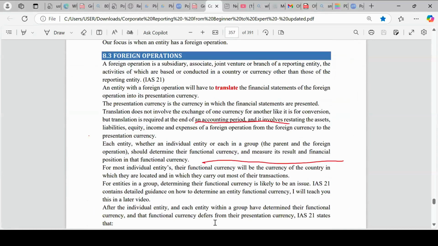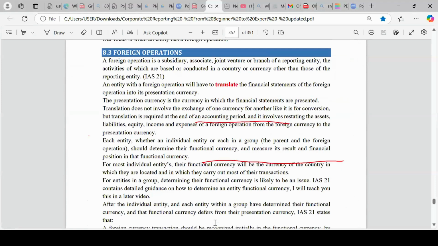So now let's talk about foreign operations. When it is a foreign operation, how do we apply IAS 21? Because what we are doing is really a combination of IAS 10 and IAS 21. How do we apply IAS 21 to translate the financial statement? What is the difference between transaction in foreign currency and this one? The difference is this.